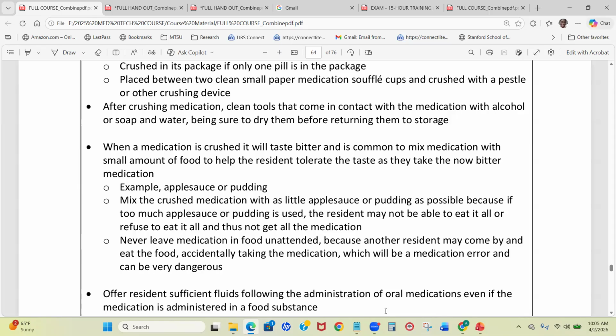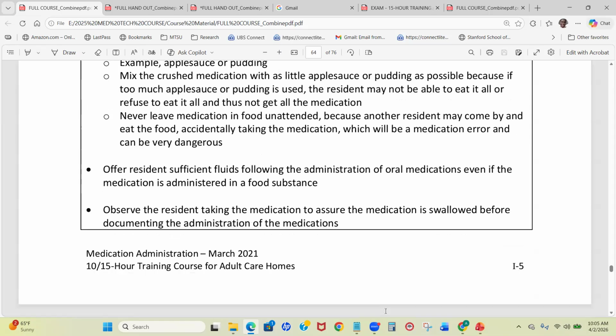And because you've mixed the medicine in, you'll be wasting the medicine if it's too much applesauce or too much pudding. So add half a spoon of that applesauce so they will take it. And because it is very bitter, when you crush a medicine, you take it from its original form to powder, it becomes very bitter. So make sure that you give them enough.